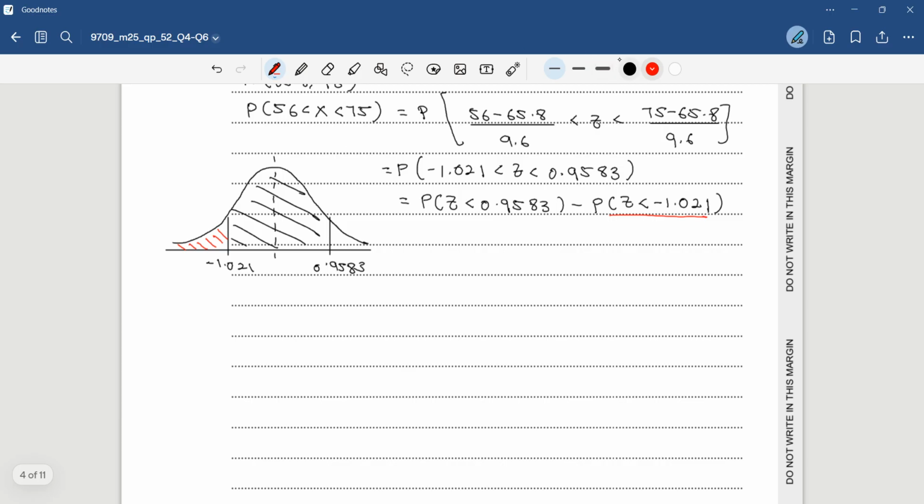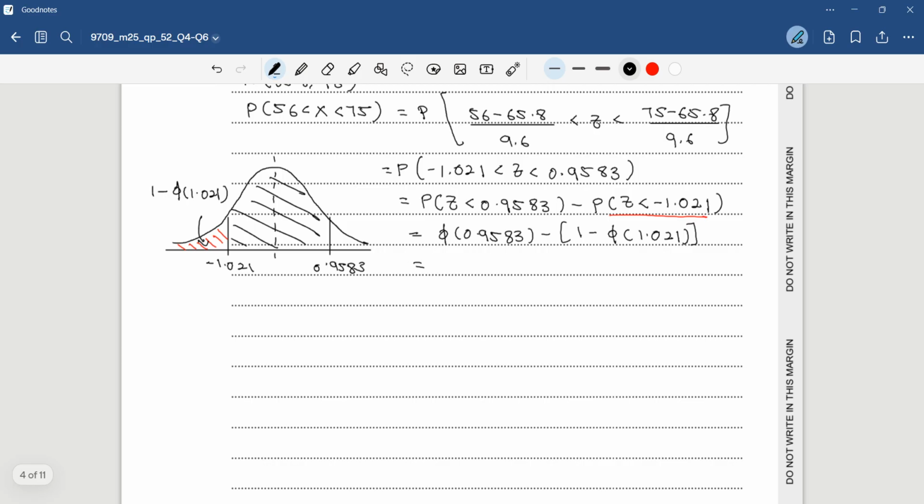Okay, so it's going to be 0.9583 minus 1 minus 1.021. So this region, if you want to find, is going to be 1 minus 1.021.